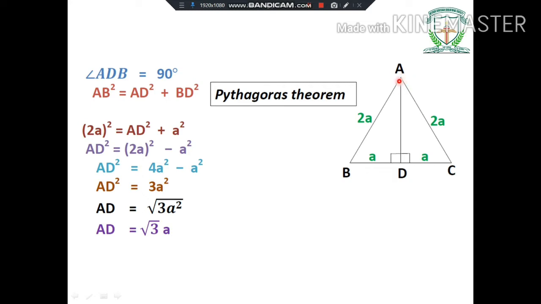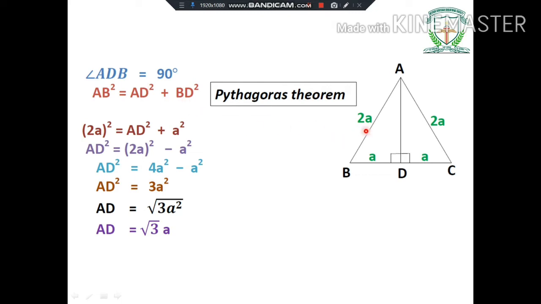Consider the triangle ADB. In triangle ADB, angle D, that means angle ADB is 90 degrees and AB becomes the hypotenuse. So therefore, apply Pythagoras theorem to this triangle. AB square is equal to AD square plus BD square.